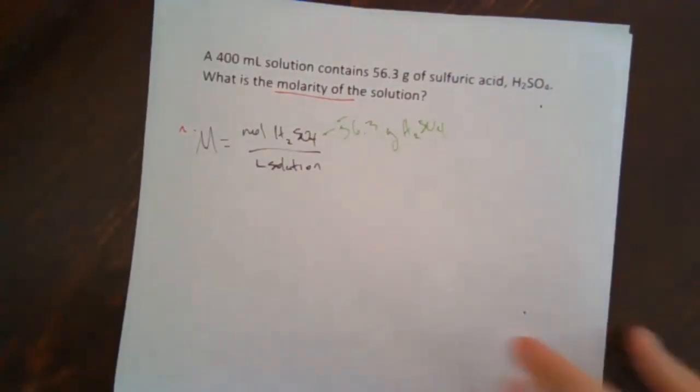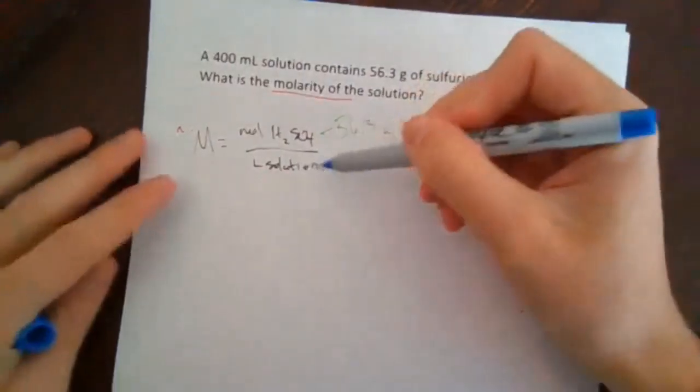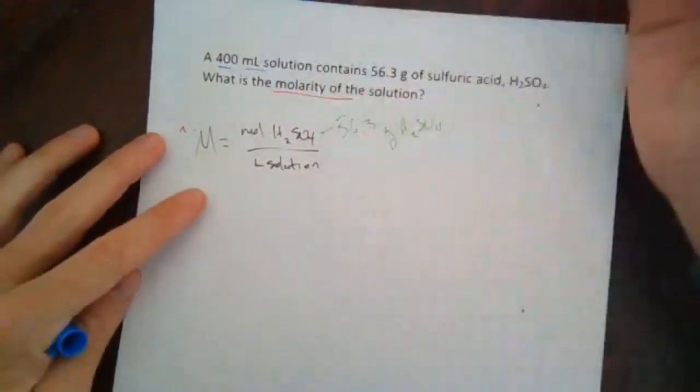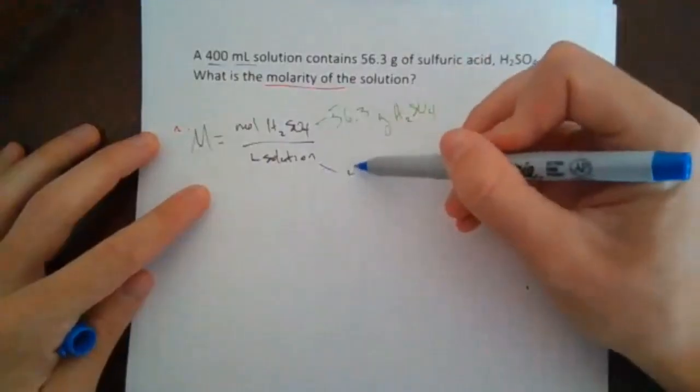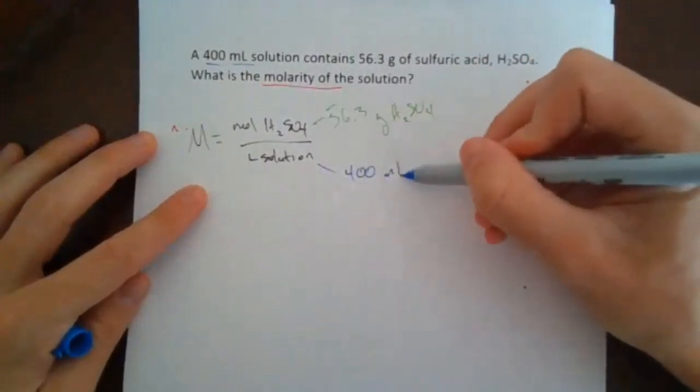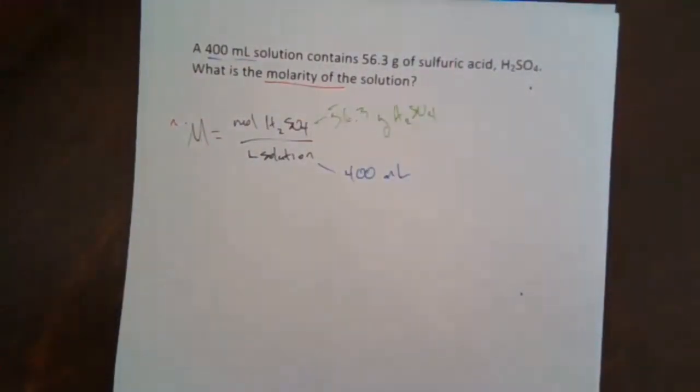It's not already in moles, but I can get it there. Then I have liters of solution. I don't quite have that, right? I'm given 400 milliliters, which is close. It says volume of solution, just not the right units. So all I need to do is some conversions, and then I can plug them back in.